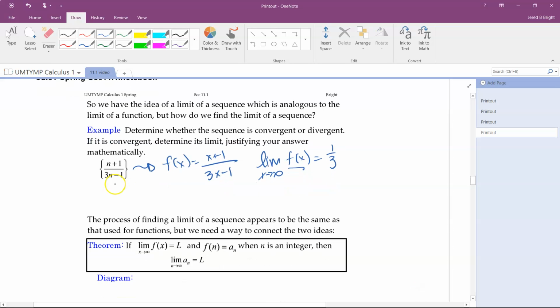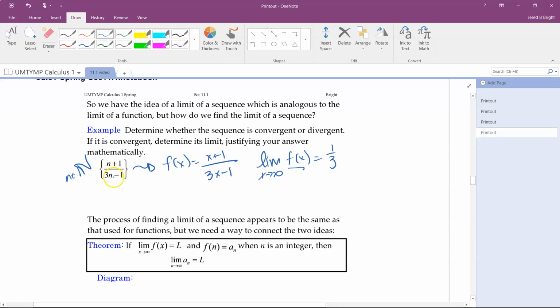But now we're looking at a sequence where n is within the set of, actually, no, not integers, natural numbers. So we're only looking at counting numbers 1, 2, 3, 4, and so on. Nevertheless, the limit is still going to be 1/3 as we go to the end, because all we're doing is picking off values at certain increments.